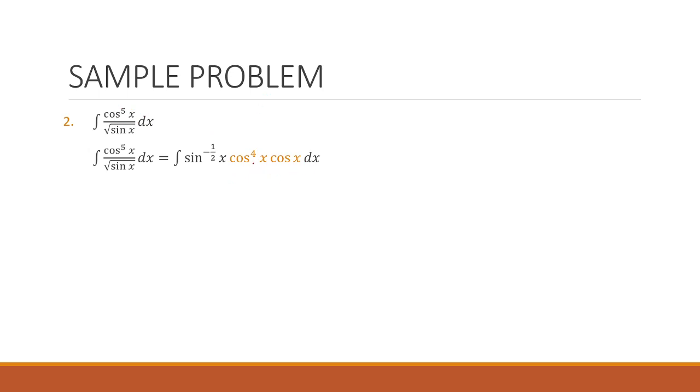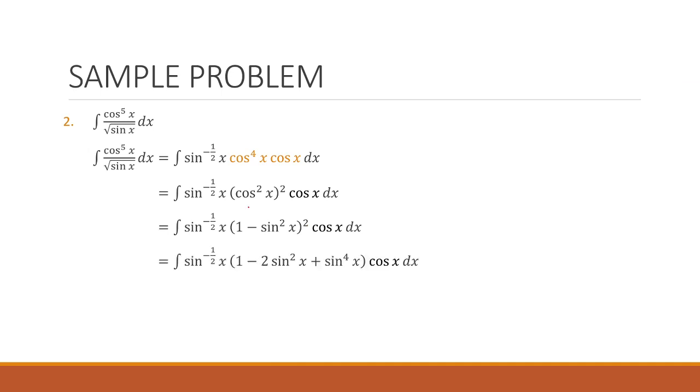This cosine raised to 4x can be written as cosine squared x raised to 2. Then cosine squared x, using the Pythagorean identity, can be written as 1 minus sine squared x. Then expand 1 minus sine squared x raised to 2, and distribute sine raised to negative 1/2 x.